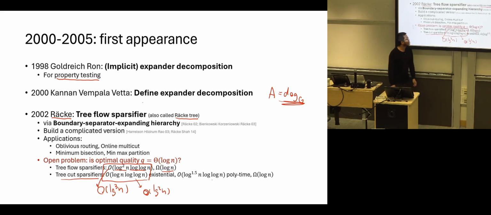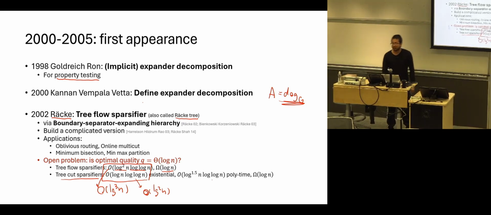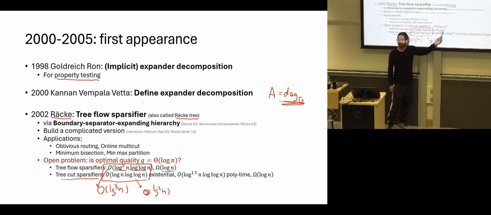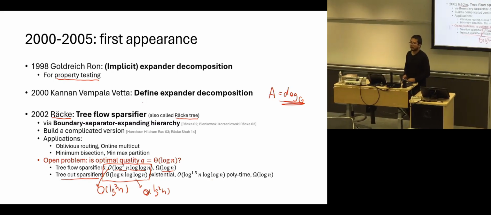Or the question for me is, can you understand this paper and make it easy to access, easy to understand? Is the lower bound just existential? The lower bound is just existential. It even holds when the graph is a grid. So even in a planar graph, you need to pay log(n).